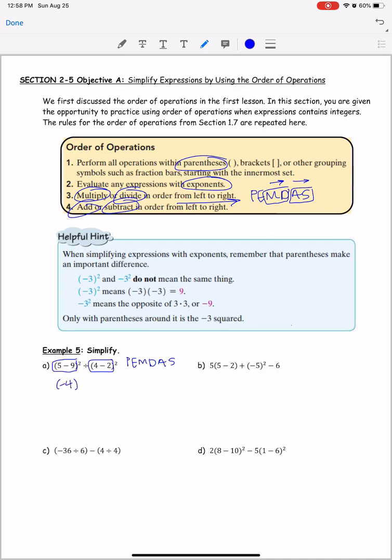You can also do your keep, change, flip, right? If you have 5 minus 9, keep the first number, 5. Change the subtraction to addition. And then this +9 turns into a -9. So now that it's adding, you have different signs. So subtracting, keep the sign of the bigger. 9 minus 5 gives me 4.